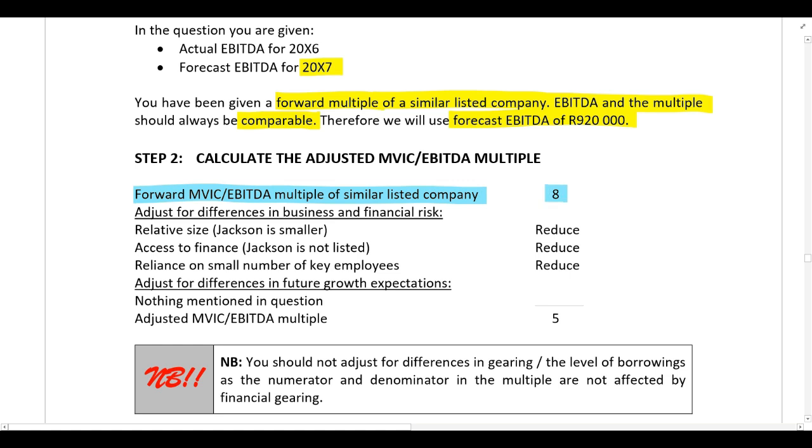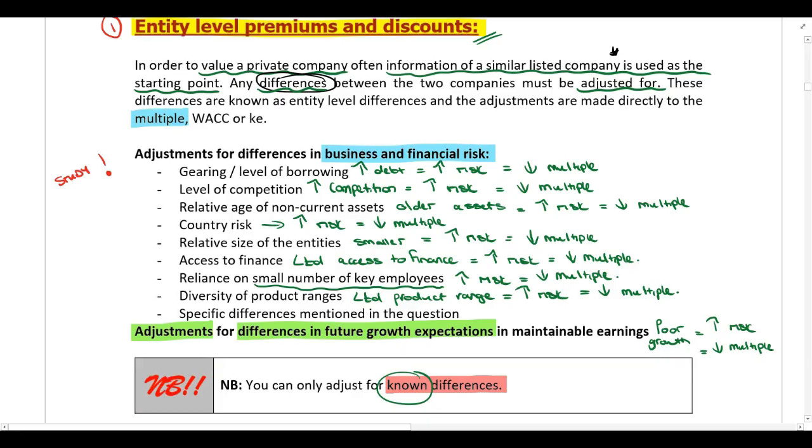And we are now going to adjust for our entity level differences. So first, level of gearing or the level of borrowing, we were given the information, but we are not going to make the adjustment because we are not using price earnings multiples. We are using the market value of invested capital over earnings before interest, tax, depreciation, and amortization.